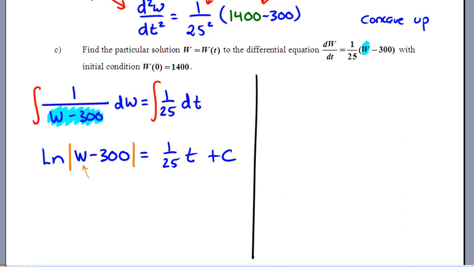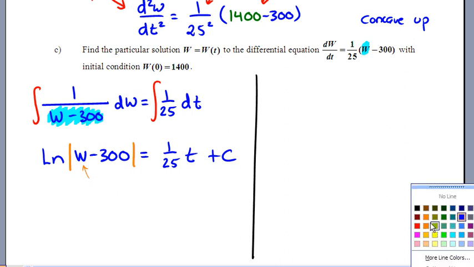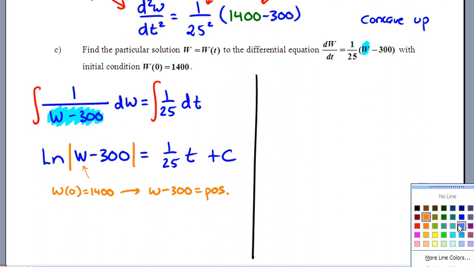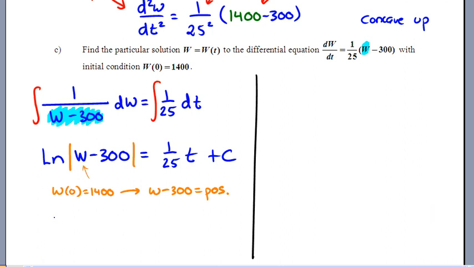To justify that, you can just say that you've noticed that W of 0 is 1400, or you can say, hey, you told me this. And that tells me that W minus 300 is positive. I do not need the absolute value bars. Love to remove them. So ln of W minus 300 is equal to 1/25th t plus a c.